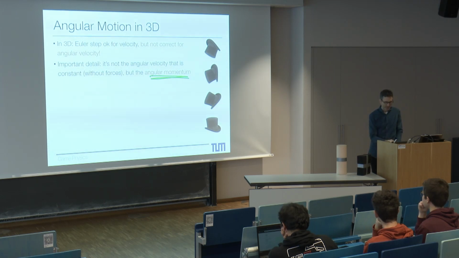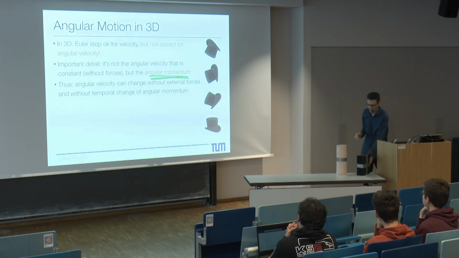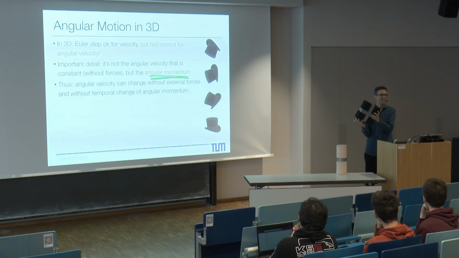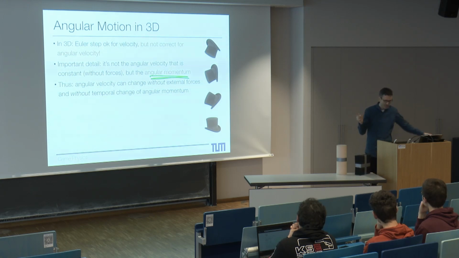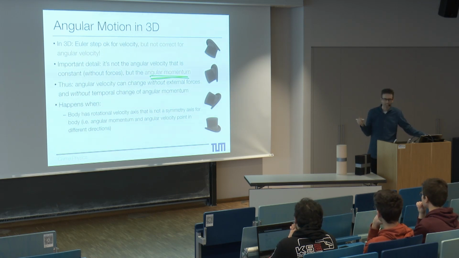That doesn't happen for the rotations. It's really not intuitive, but if I have an object that's spinning, rotating, even if there are no forces, this axis of rotation, the w, can change. We can actually analyze this in terms of the eigenvalues and eigenvectors of the dynamics of these rotational motions.